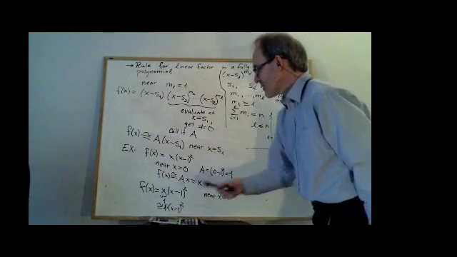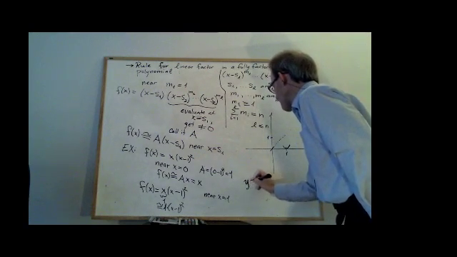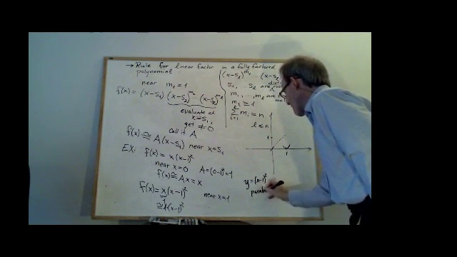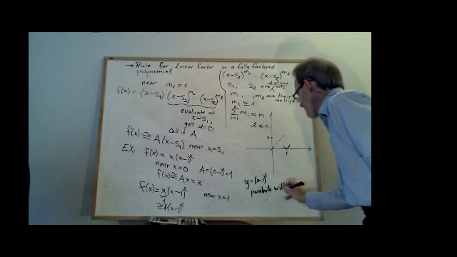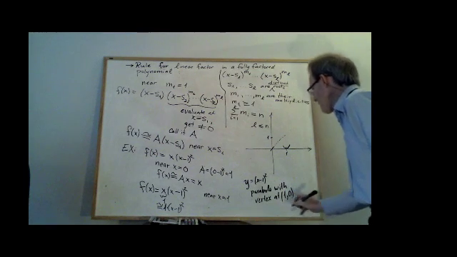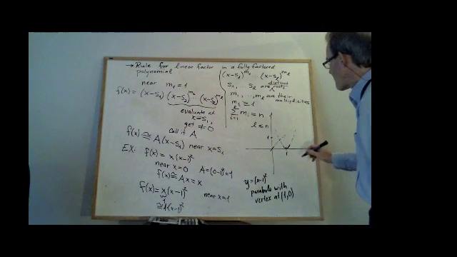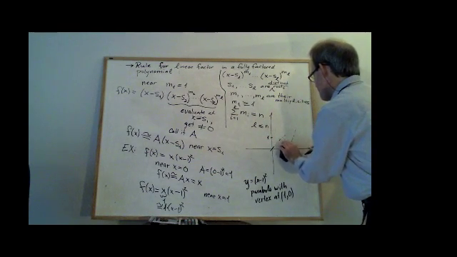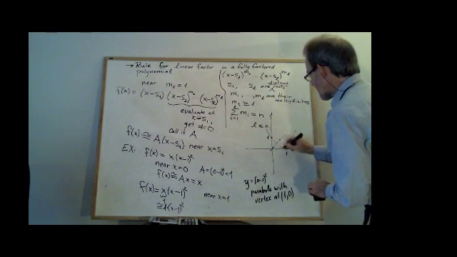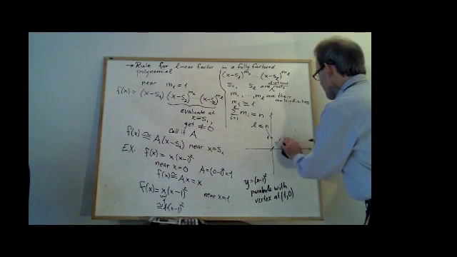The vertex is at x equals 1 and y equals 0, so it's a parabola with a vertex at (1, 0). Actually, it looks more like it's spread out a little bit more, so it'll go through this point here. But it's near x equals 1 that I want to draw the graph carefully and as a solid line.